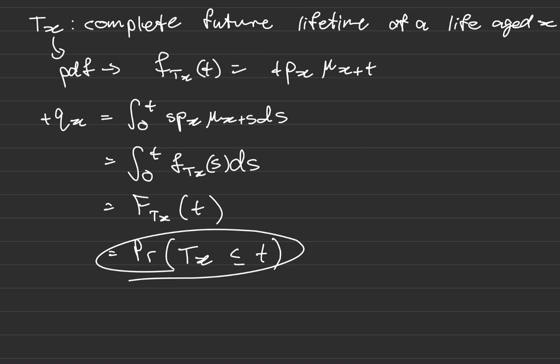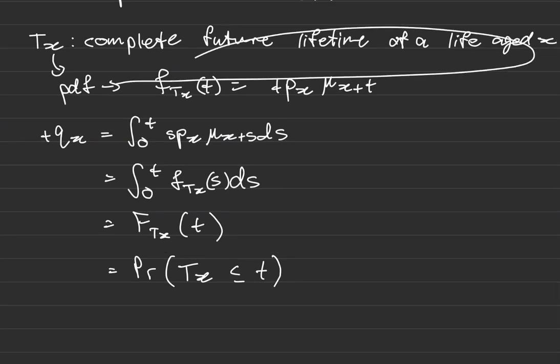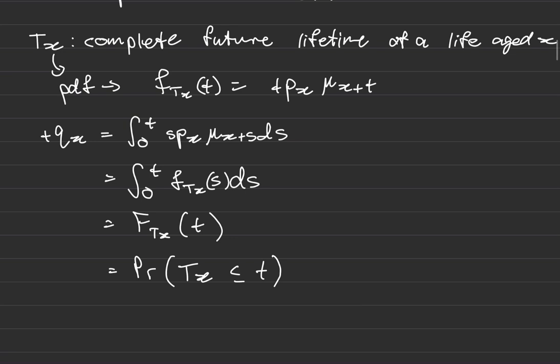And we can interpret this. This is the probability that the complete future lifetime of a life aged x is less than or equal to t, which makes sense because we want the probability that this person aged x dies within the next t years, which is exactly the same interpretation as I've just said. Okay, so we know that that's true.